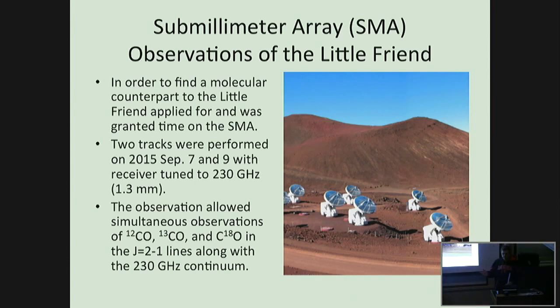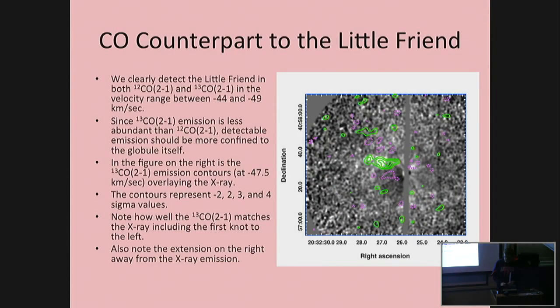So what did we find? There's a counterpart. We've found the molecular counterpart. For that, we see even the little knot as well as the little friend. This here we'll come back to, because that says something else, something not quite expected. The contours here are 2, 3, and 4 sigma levels, and so it's well detected.